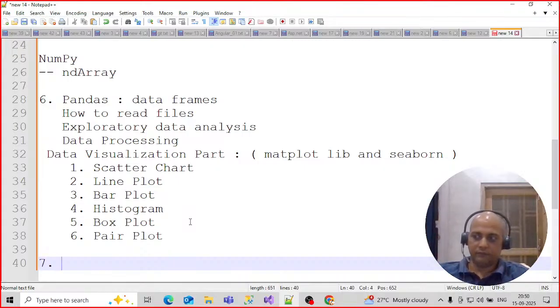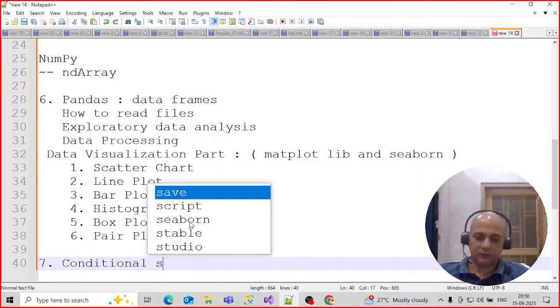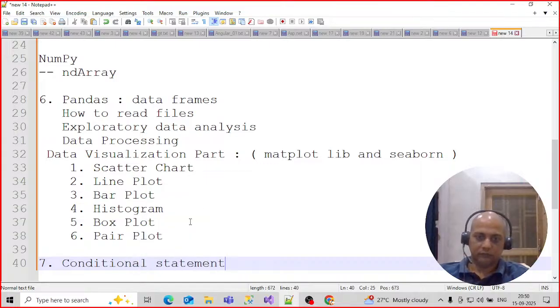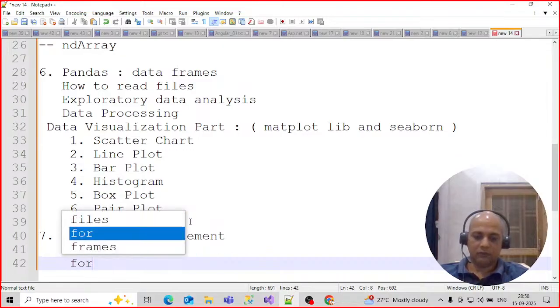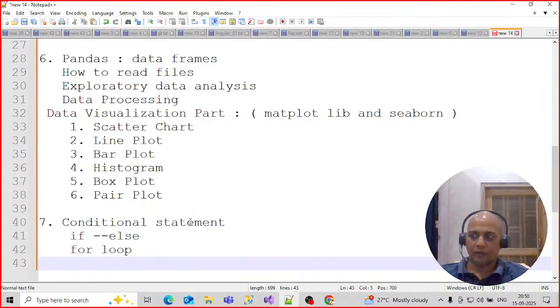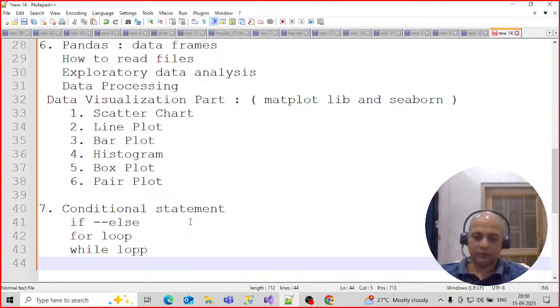Like we have conditional statements; you will be studying if, else if, for loop, and you will be using break and continue, all that, while loop, functions.